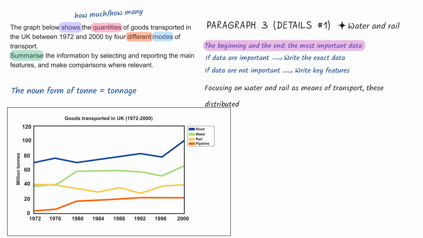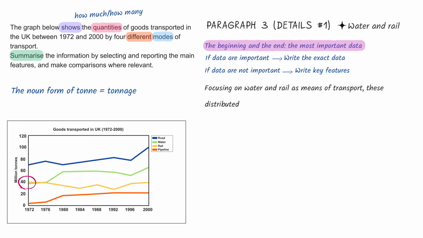The beginning for water is around 39, and for rail it's 40. So we should write something like this. These distributed 39 million and 40 million tons of goods. Now, we need an adverb here which shows that 39 refers to water, and 40 refers to rail. The adverb here is "respectively."